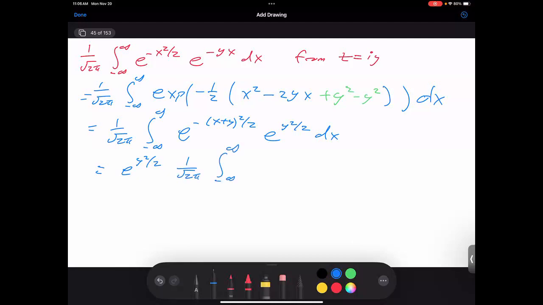Well, when I'm looking at the integral of e to the negative x plus y squared, this is the same as e to the negative x tilde squared over 2 dx tilde, where x tilde is just x plus y. Just change variables. Oh, yeah, it should be x minus y. It's not going to change anything, but you are correct. It should be x minus y.